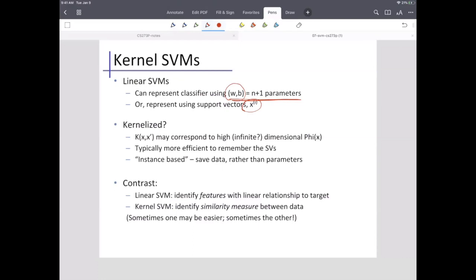If I only have two support vectors, I just memorize these two, and in the end I can recalculate w and b directly from them. So there are two equivalent ways to represent the learned model, either using w and b or using the support vectors.